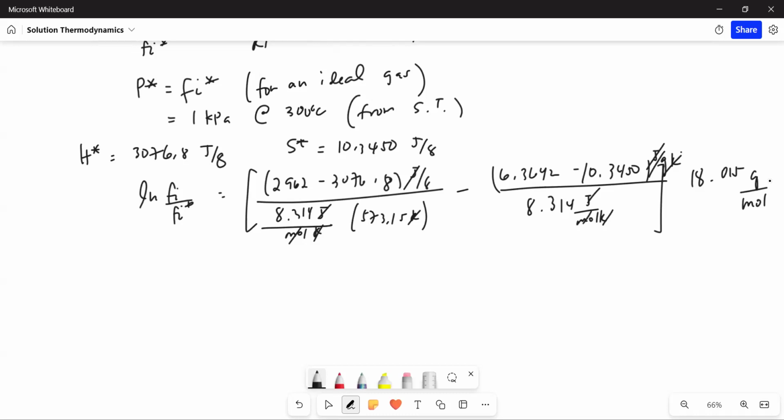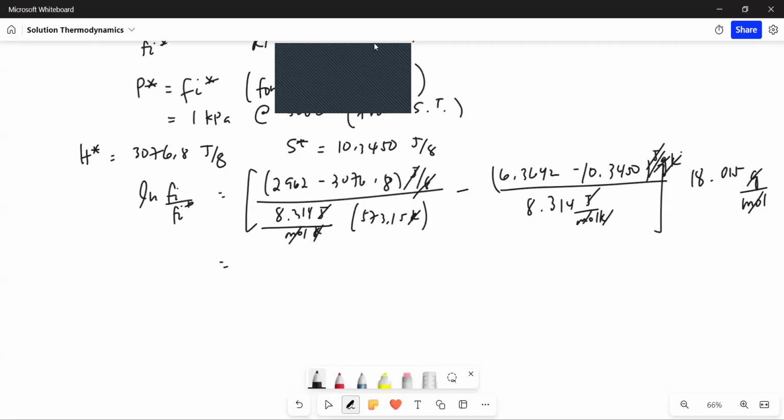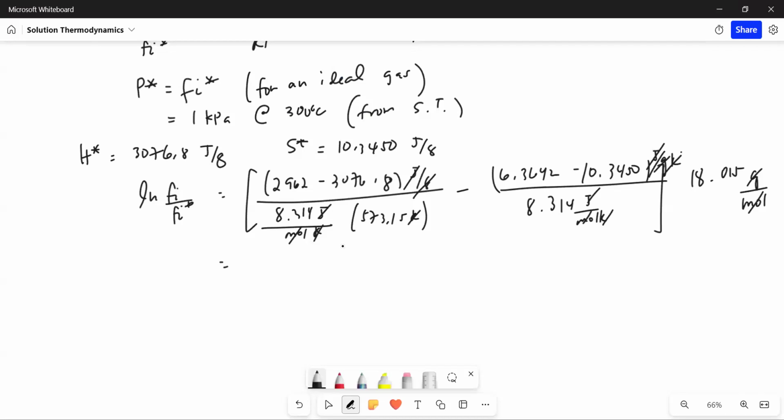Mole will cancel, and then the grams would also cancel. So this is now a dimensionless quantity, and that value is actually 8.1917.